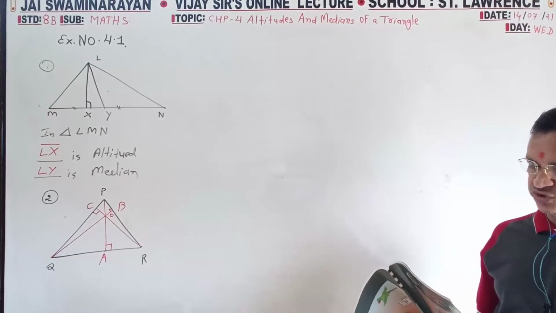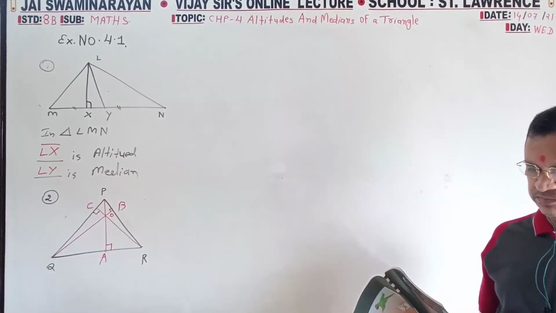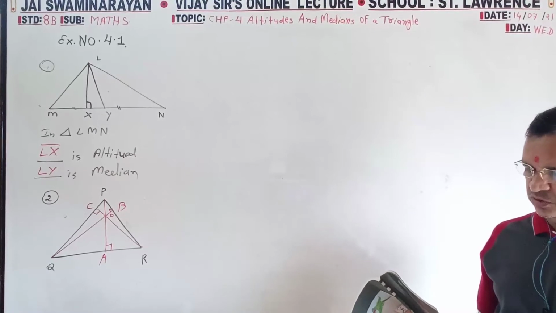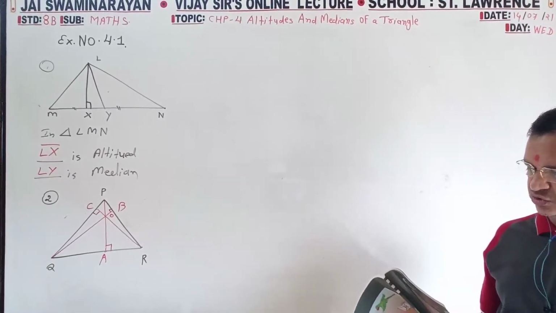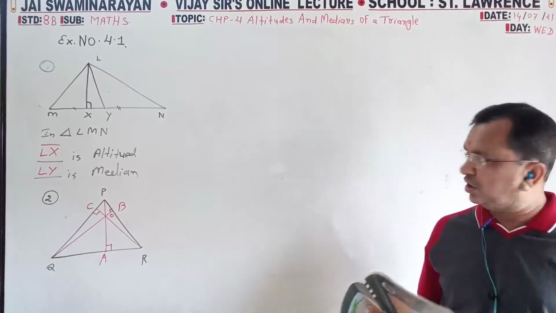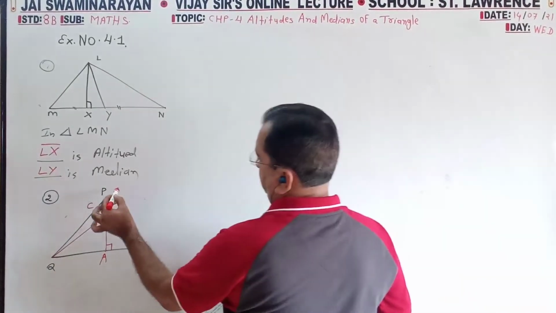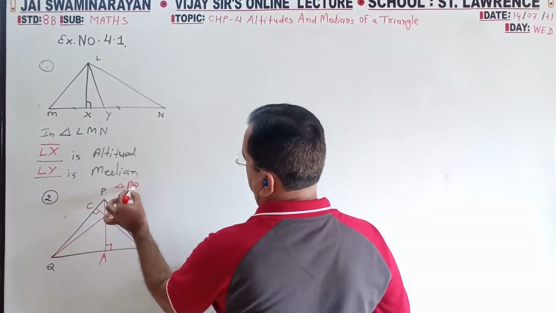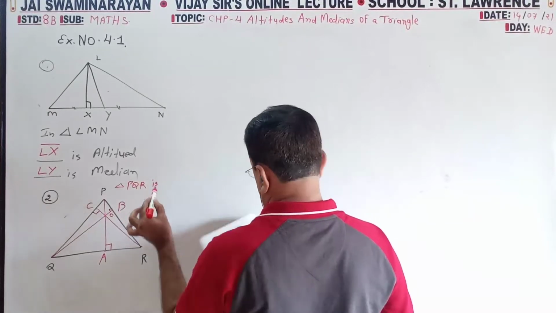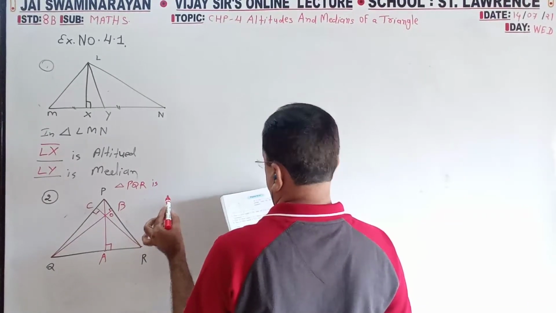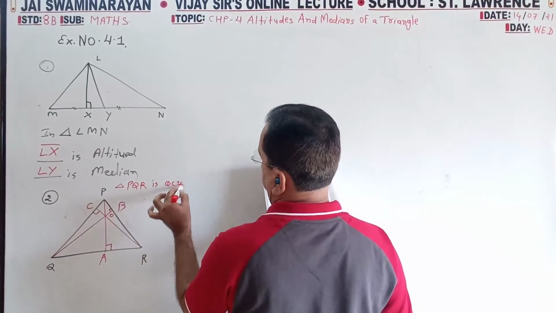Draw an obtuse triangle. Draw its medians and show the centroid. Third one. Here triangle PQR is acute.